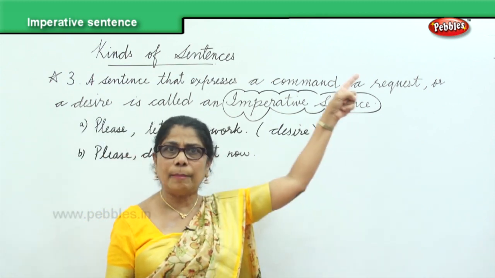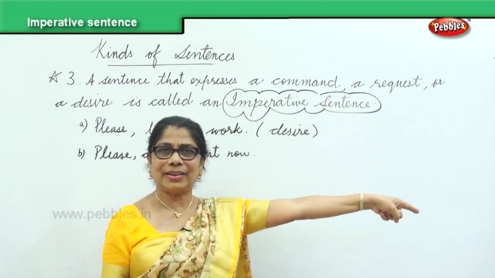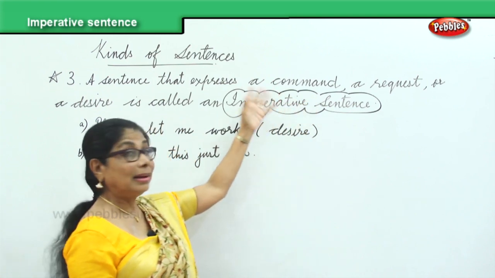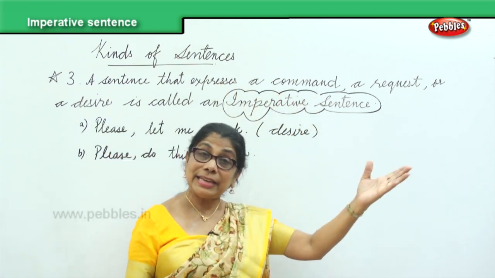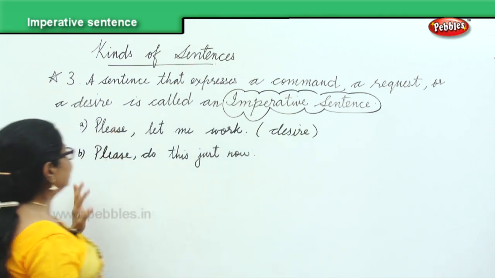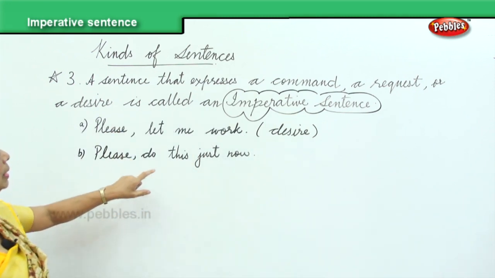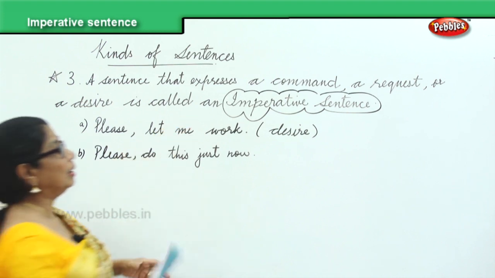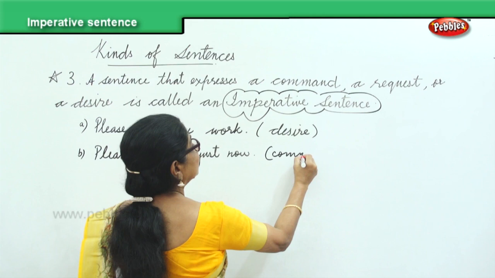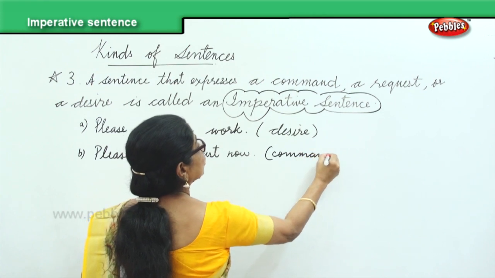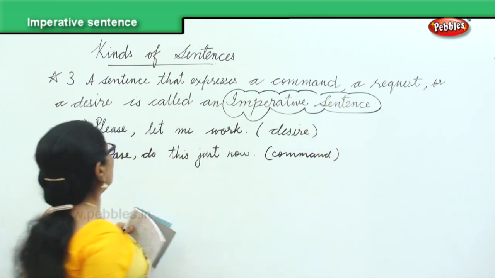Do it, commanding. Okay, so a sentence that expresses a command or a desire or wish, anything can be an imperative sentence. Now, please do this just now. Command. You are being commanded, ordered, commanded or ordered, whatever you call it.